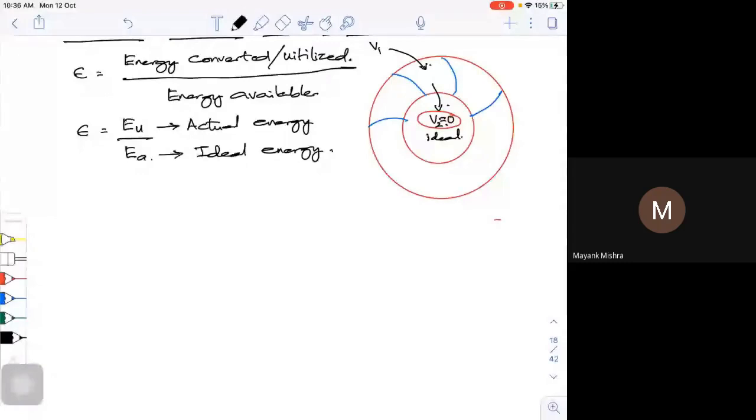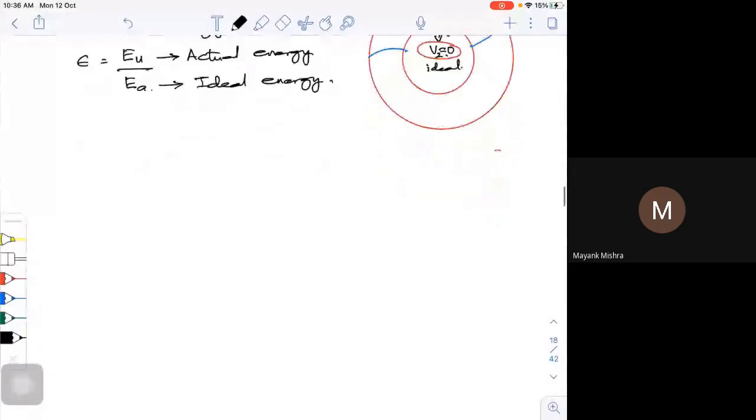So the Euler equation, I can write it for a turbine, and I can write a similar equation for a compressor also. Epsilon is equal to V1 square minus V2 square by 2 plus U1 square minus U2 square by 2 plus VR2 square minus VR1 square by 2.